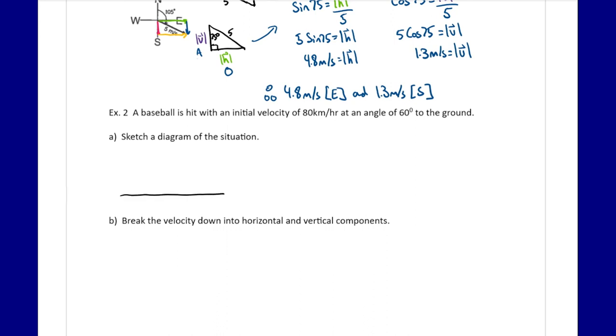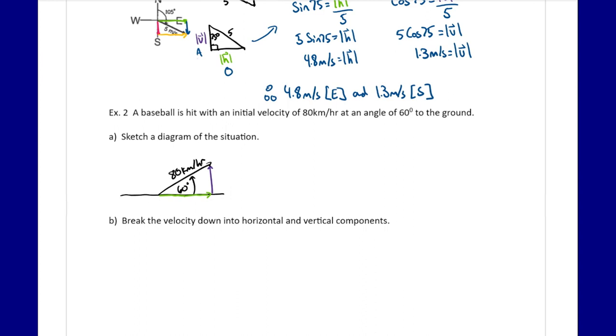Along the ground, we now have 80 kilometers per hour. We have 60 degrees from the ground, and I want to break it up into the two components, a horizontal and a vertical. I need to figure out what those two are.